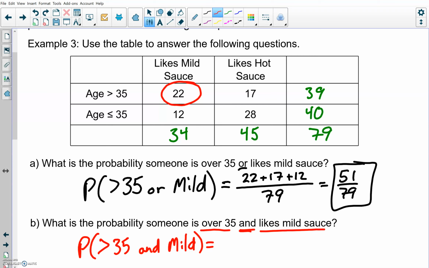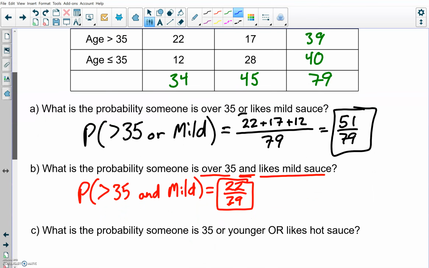There's only 22 that are both over 35 and liking mild. So there would be 22 people out of the total 79 that were surveyed, and that would be your probability. So at the AND, think just that intersection, the one number that satisfies both the row and column descriptors.